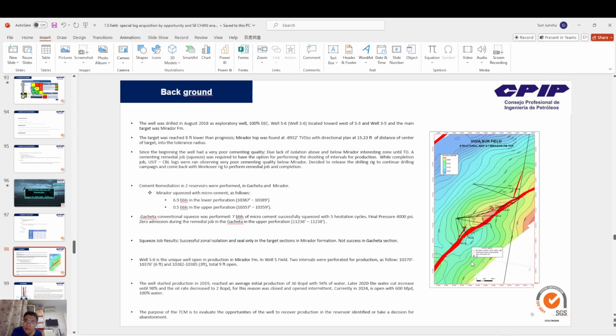Well S6 is the only well open in production in the Mirador formation. In the S field, 2 intervals were performed for production, totaling 9 feet open. The well started production in 2019 with an average initial production of 36 barrels per day with 94% water.